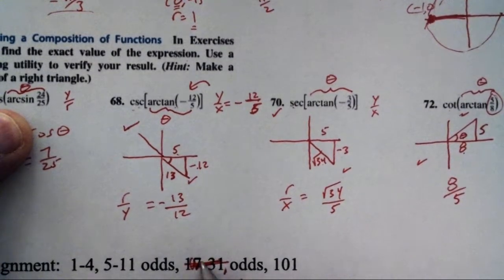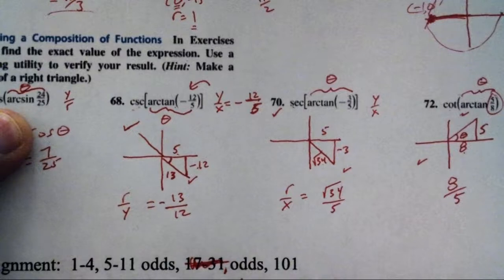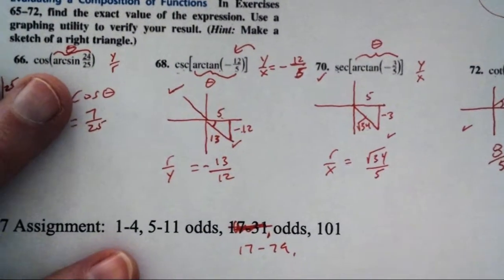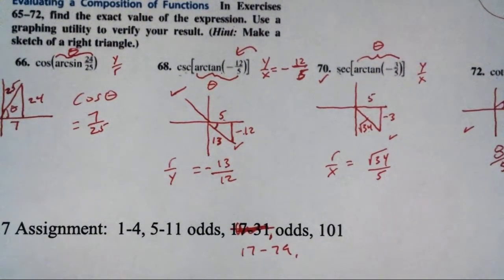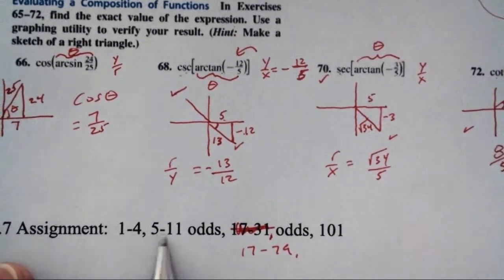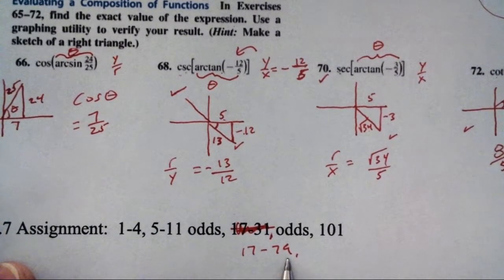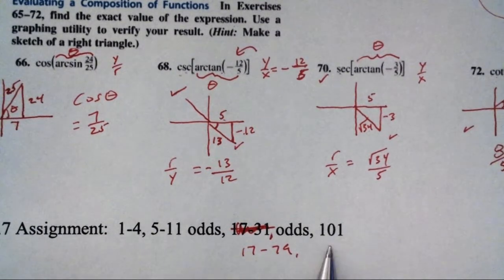It's on the website now, fixed that way. But that just means you'll get some more time to work on it. But those are concepts we definitely have to know going forward into calculus. So 1 through 4, 5 through 11 odds, 17 through 79 odds, and I must really like 101 to make that big of a jump for just one problem. So let me know what I can help you with, and good luck.